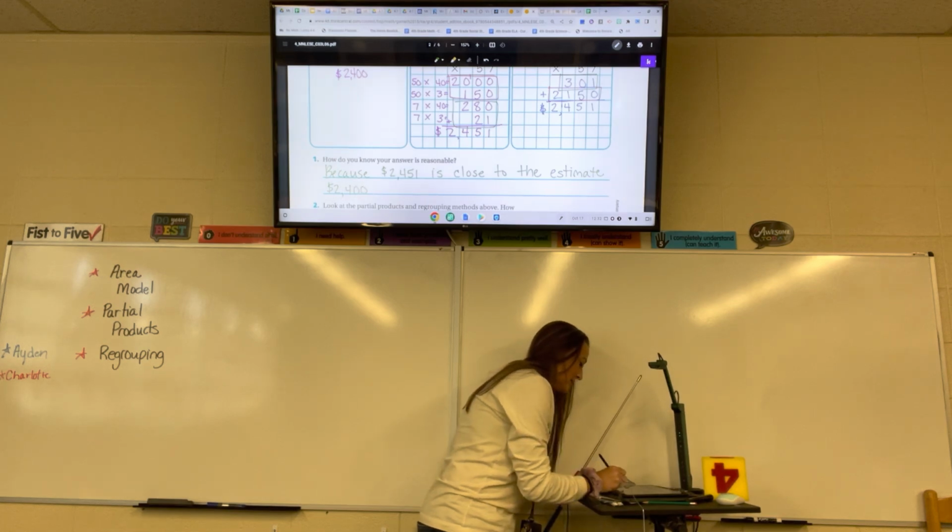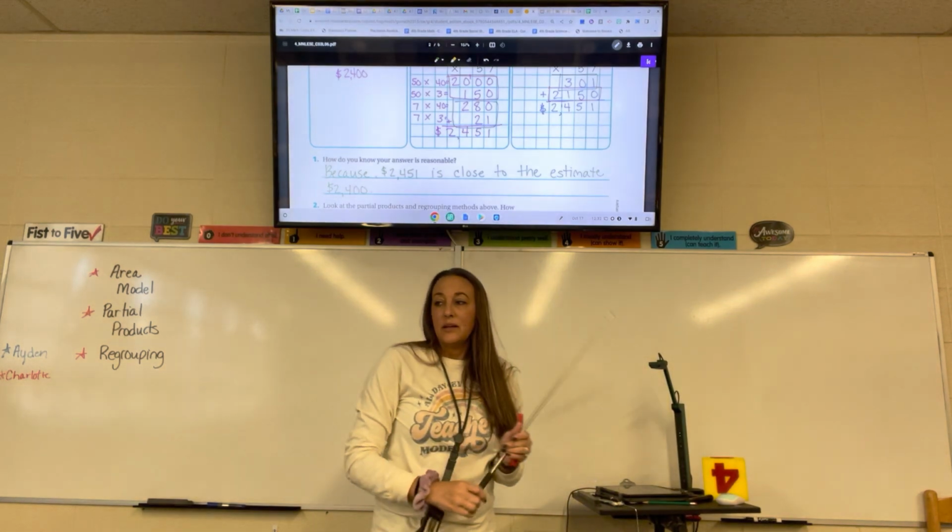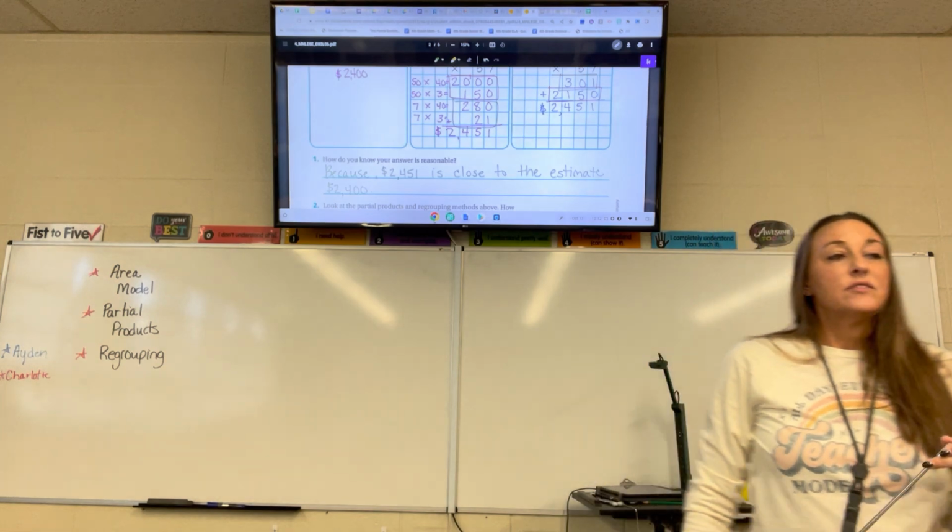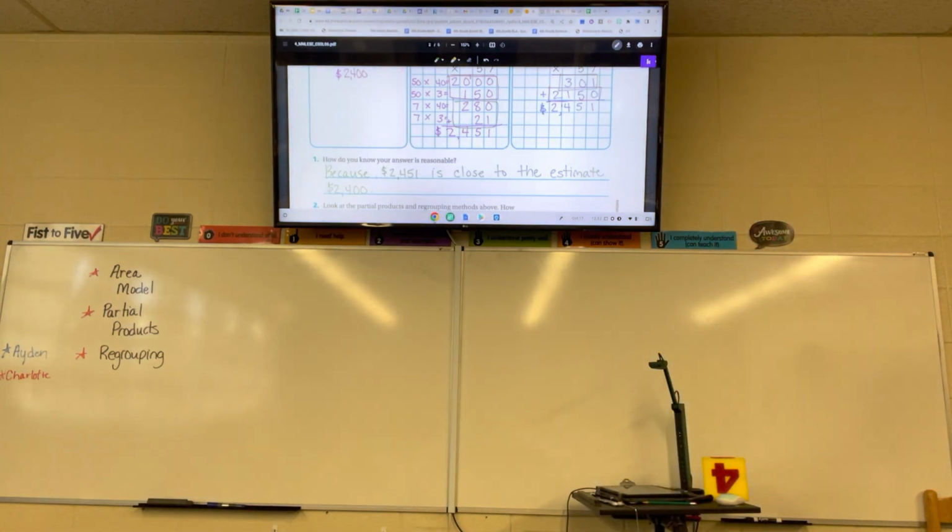And that's how we determine if an answer is reasonable, right? If it's close to our estimate. So copy that down. Because there's not much writing, but I do want you to copy this down. Because 2,451 is close to the estimate of 2,400.